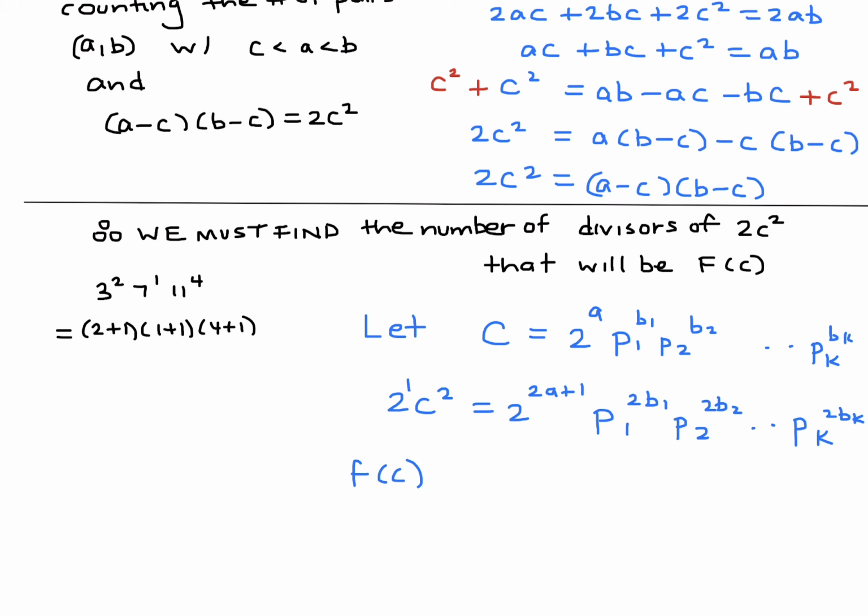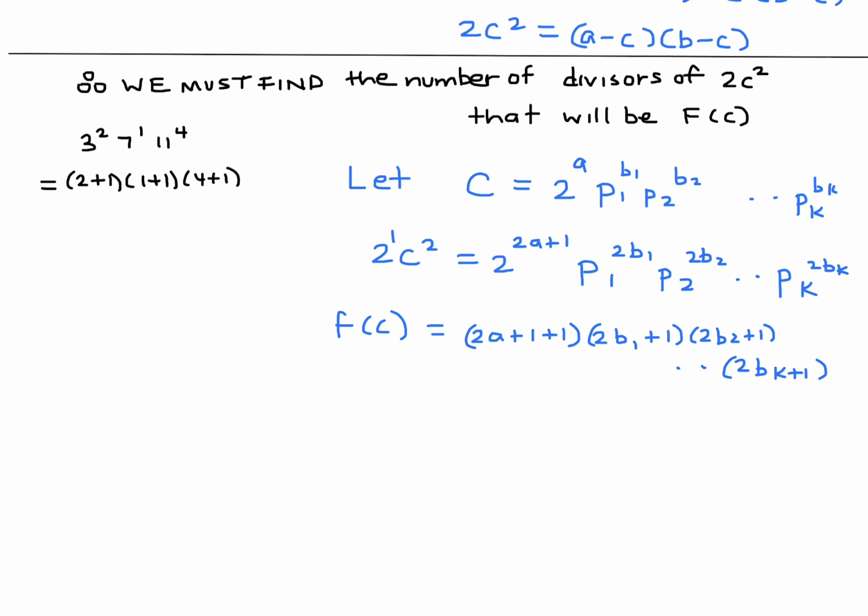F at c basically is the number of divisors of 2c squared. So that's going to be 2a plus 1 plus 1, and then 2b1 plus 1, and then 2b2 plus 1, and so on, dot dot dot, all the way until 2bk plus 1.